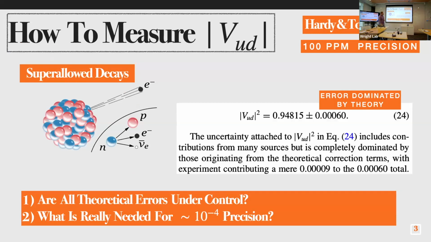Okay, so let me give you a sketch of how you measure this CKM matrix element using superallowed beta decays. V_ud, for those who haven't thought about this, basically tells you how strongly up quarks couple to down quarks via the charged current.